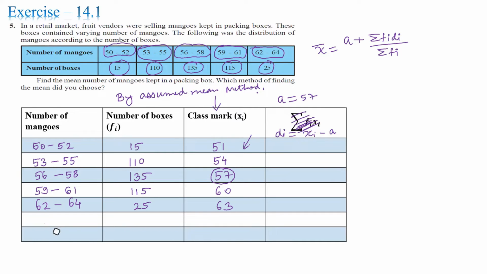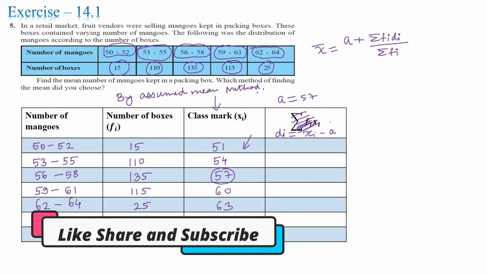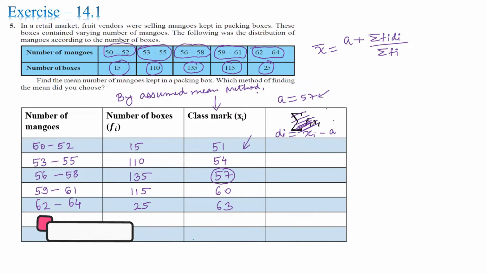For the first row, our xi is 51. The assumed mean we have taken is 57. So 51 minus 57 is minus 6. Next, 54 minus 57 comes to minus 3. 57 minus 57 comes to 0. After that, it will come plus 3. And next, plus 6.